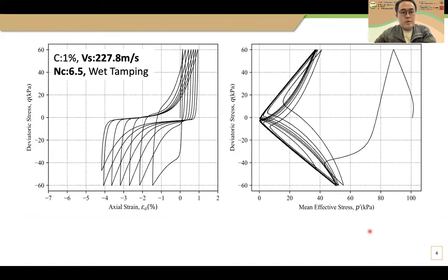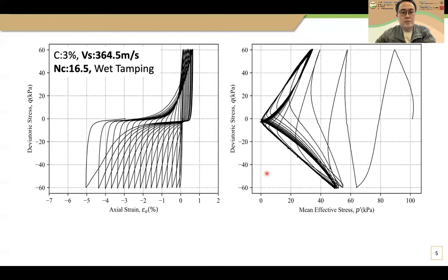So let's move on to the results and discussion part. This slide shows the result with different cement content. This is the C1% and this is C3%.